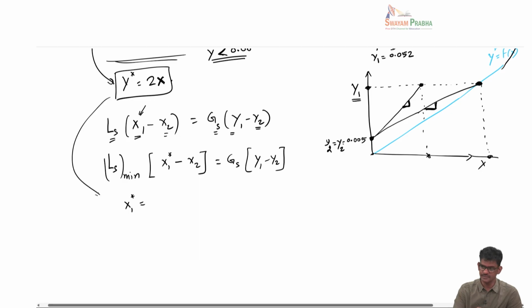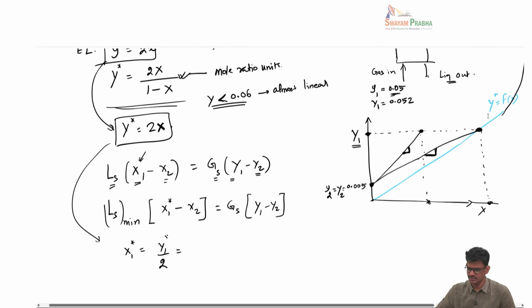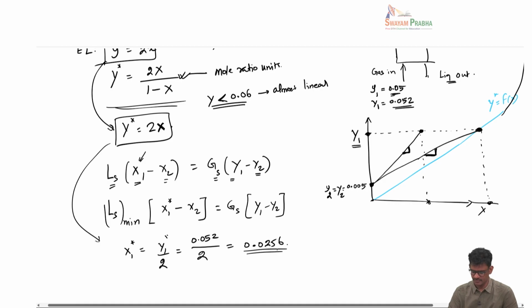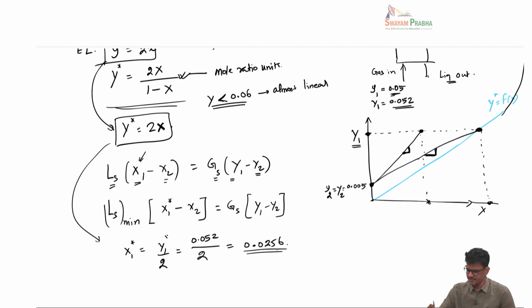From here, x1 star is y1 by 2. So what is y1? y1 is 0.052, divided by 2, so this will be 0.0256.